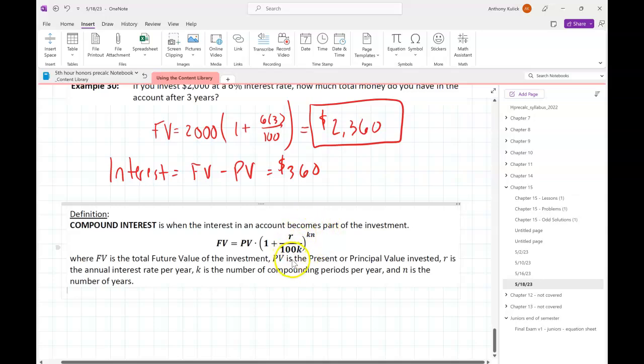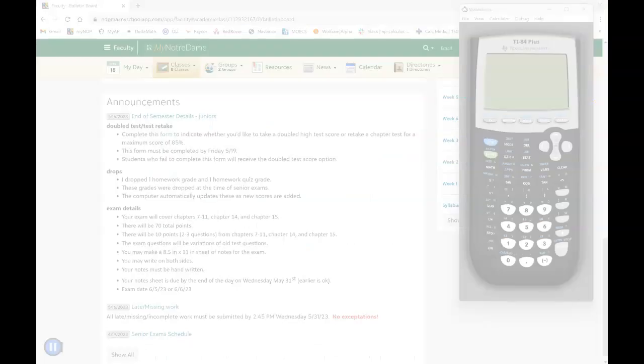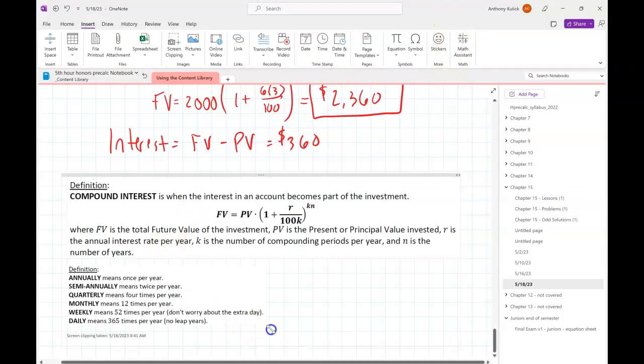K is new though. K is going to represent the number of compounds per compounding period. Really, in all reality, K is the number of compounds per year. In your question, this will almost always be hidden and not be written as a number in your story problem, but rather as a word.